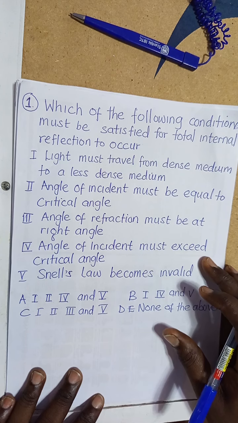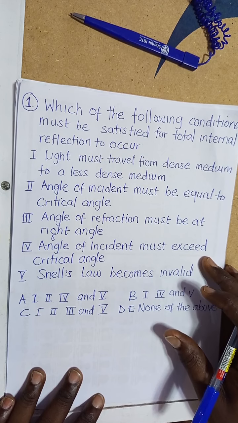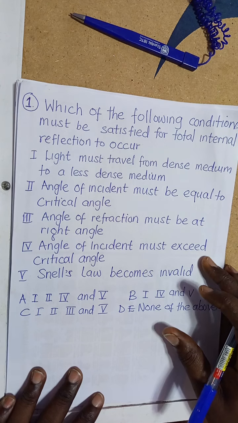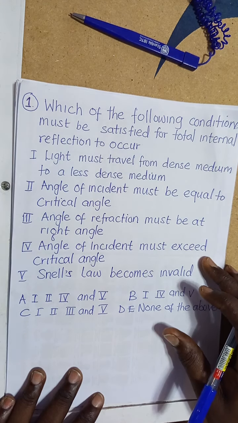I think that one is clear and correct, because for total internal reflection to occur, light must travel from a higher density medium to a lower density medium, just like light traveling from water to air, or from oil to air, or from glass to oil, or from glass to water. These are possible movements of light that produce total internal reflection.